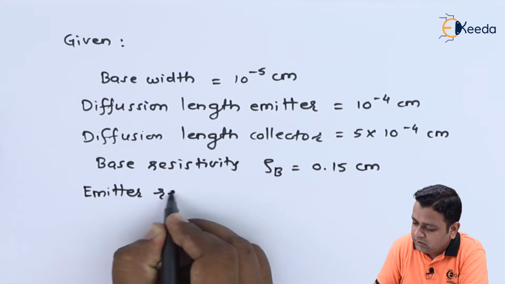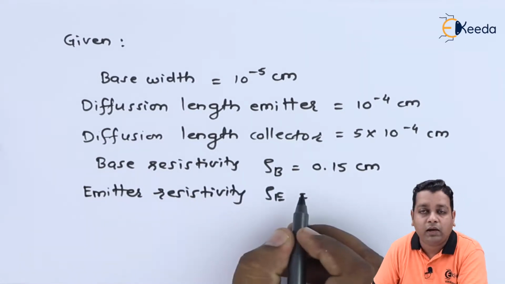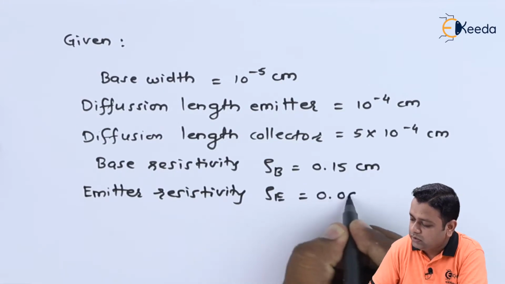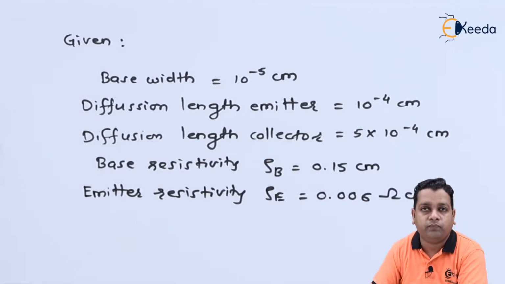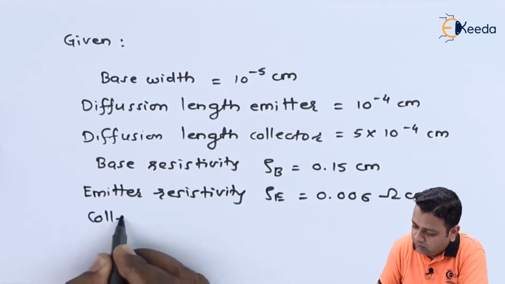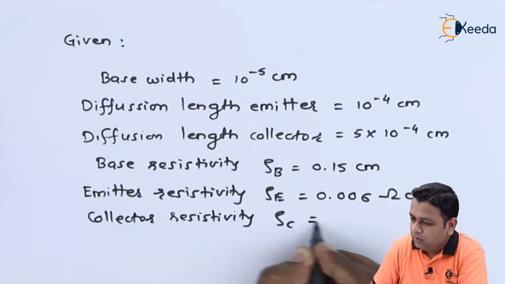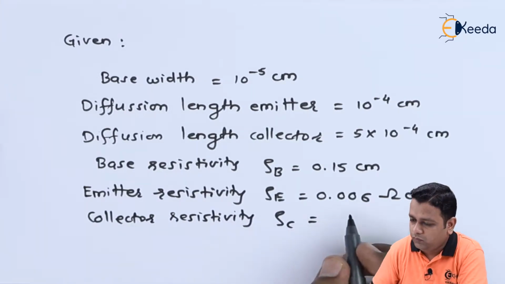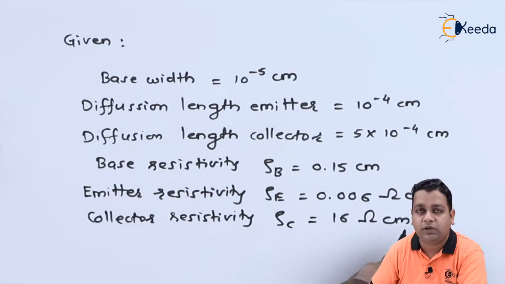So emitter resistivity here we have, and the value is 0.006 ohm centimeter. After that, we have the resistivity for collector, and the value we have is 16 ohm centimeter.